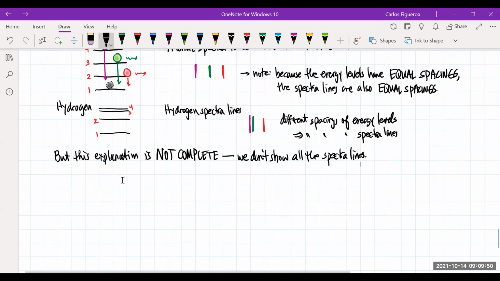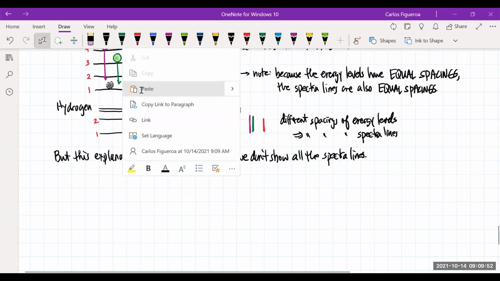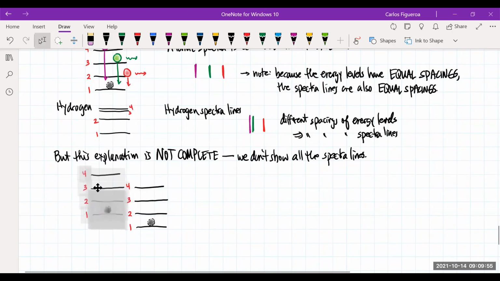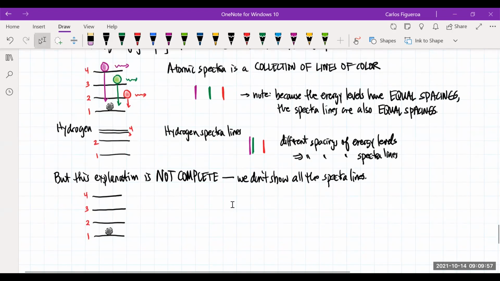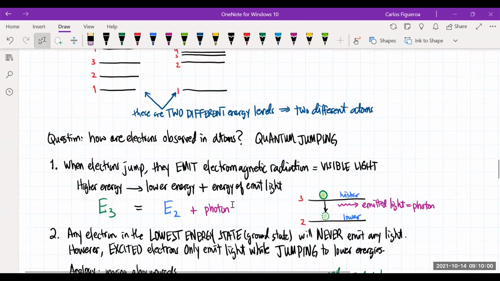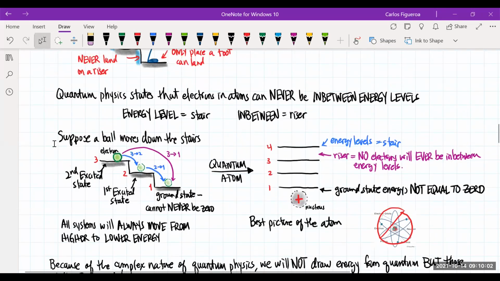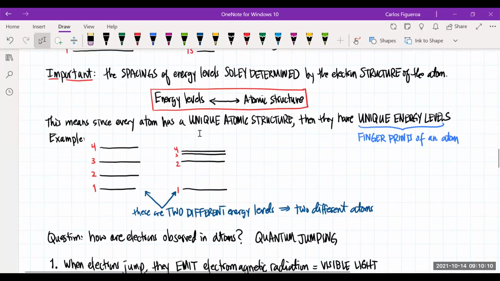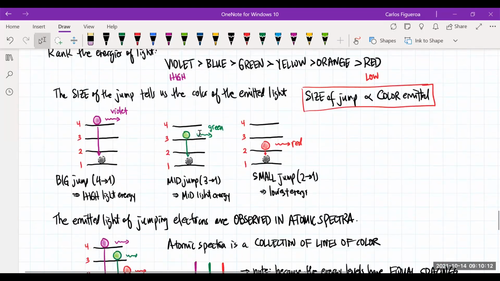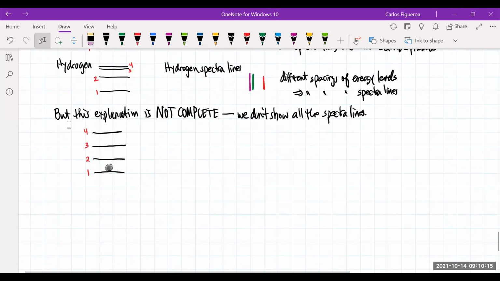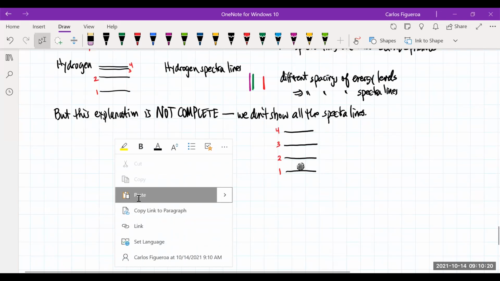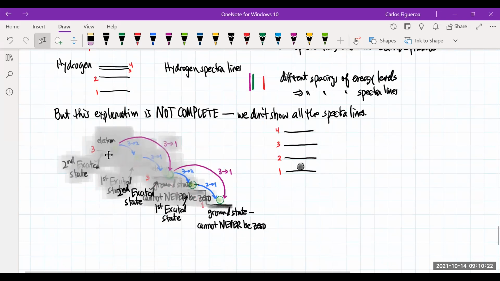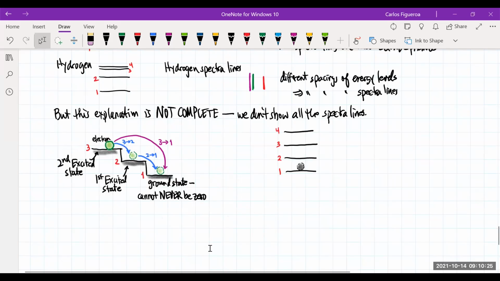Well, let's go look at this atom again. And what we're really doing here is that we went back up here, and look at this process right here. So if I was to bring this down here, and let me just move this over here, and let me sort of bring this picture here. What are we actually seeing here?